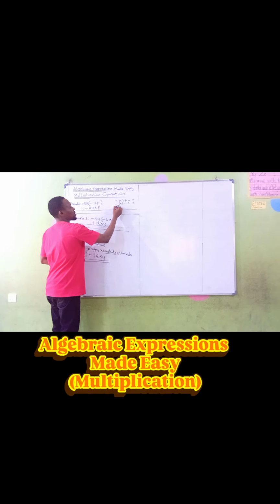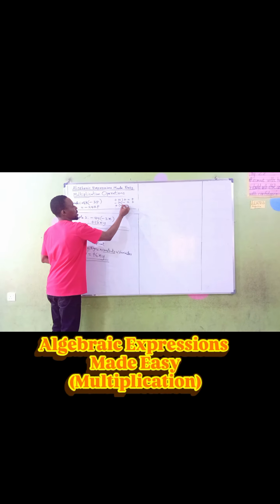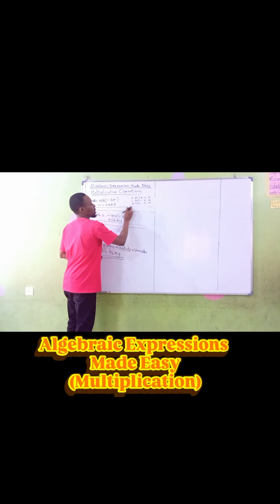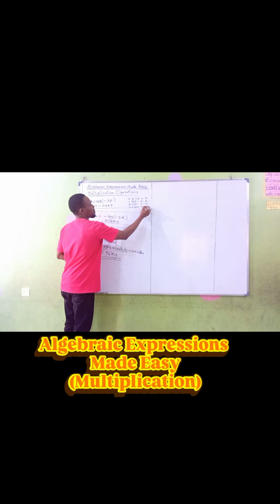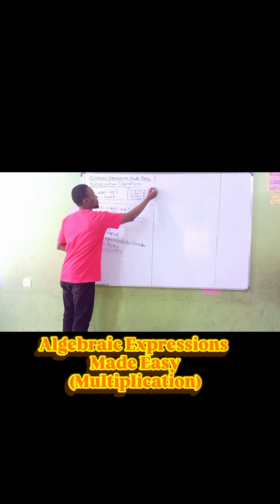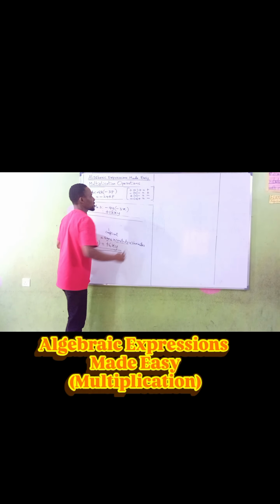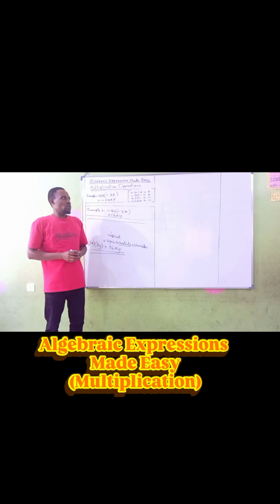Then positive multiplying negative will always give us negative. And then negative multiplying positive will always give us negative. If you are able to remember these rules, then this will be easy peasy for you.